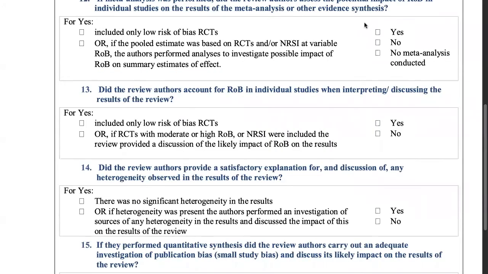Before I jump to question 13, I need to mention something very important: not all authors of systematic reviews are able to perform a sensitivity analysis. This is not because they don't want to, but rather because sometimes the number of included studies doesn't allow them to conduct this sensitivity analysis.